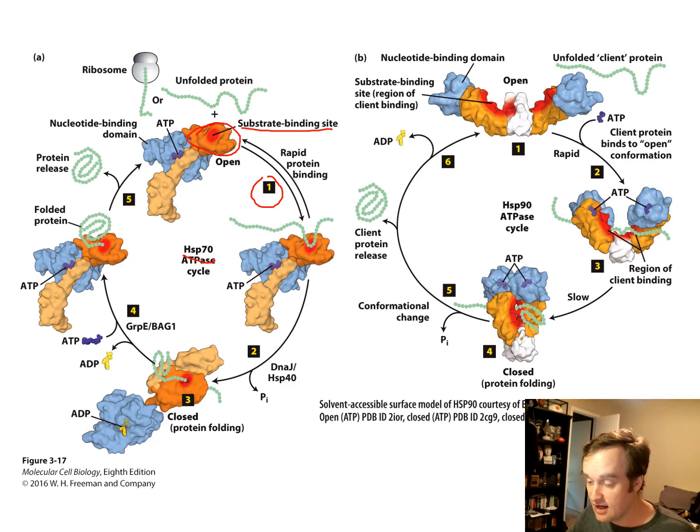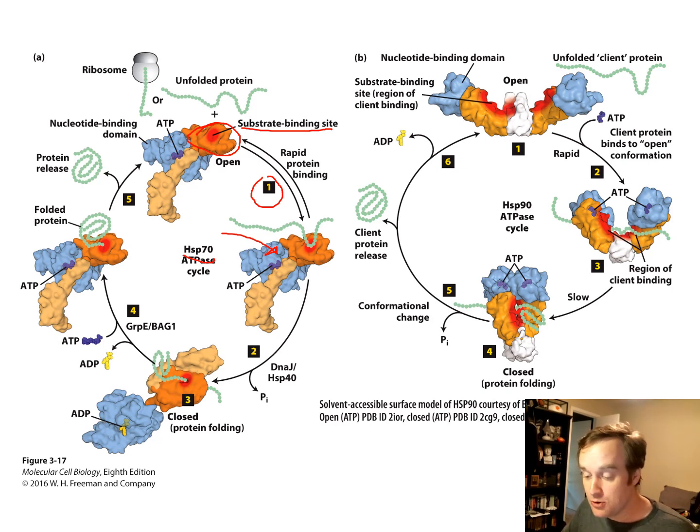And then ATP comes in and binds to the nucleotide binding domain, which is this light blue segment. Then, take a step back, because there needs to be energy input for this folding process.